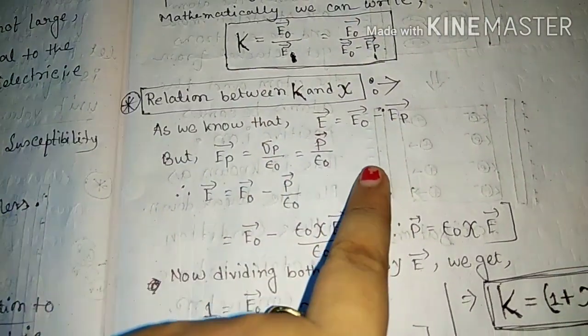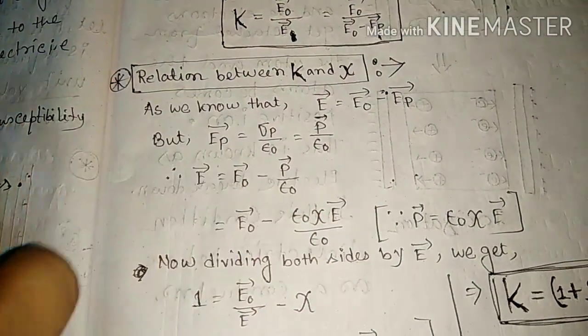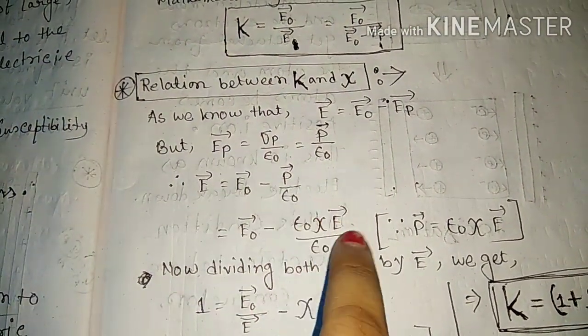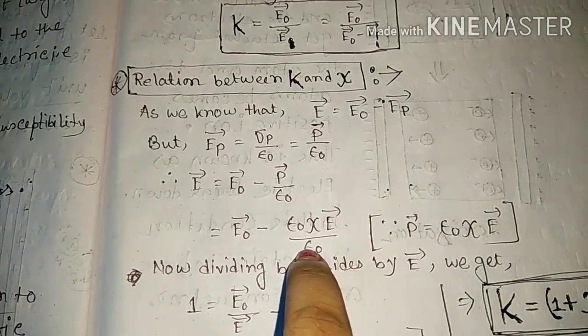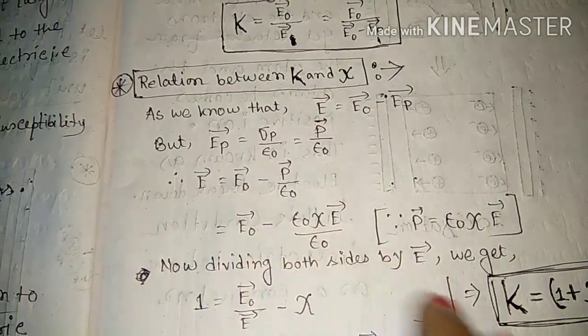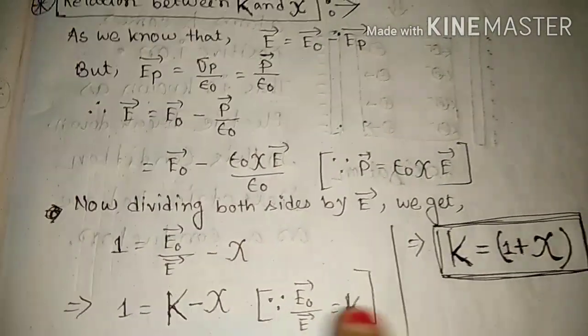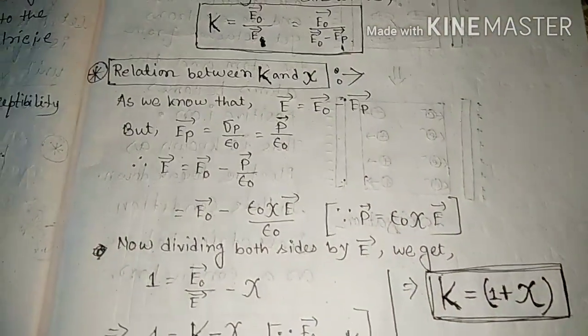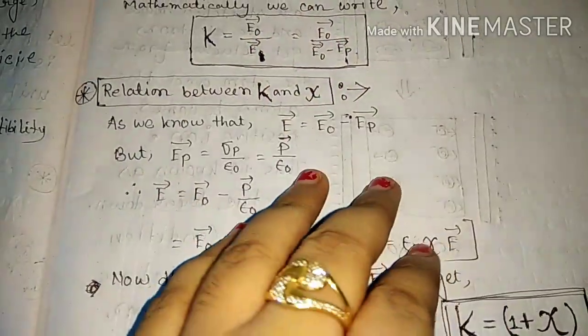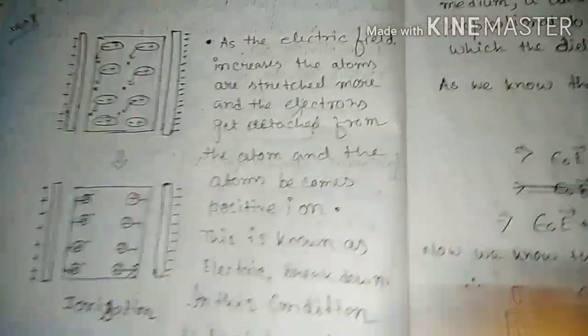Now we place it here. Then in place of P, from the definition of electric susceptibility, we get this expression. So epsilon naught cancels. Now both sides are divided by E, so we get this ratio, which is known as K. So we get K equals 1 plus chi. This is the relationship between K and chi.